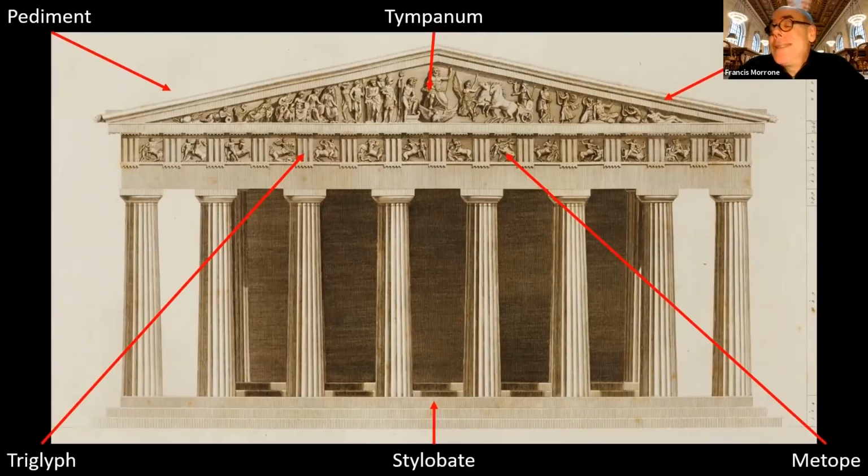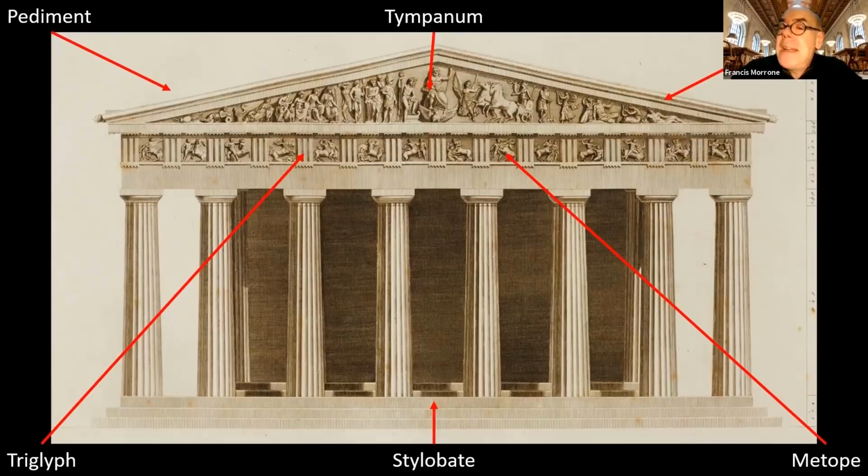3 marks is what that means. And those 3 vertical bars, which the red arrow points to, are a division in the frieze that we call a triglyph. And then in between the triglyphs is a square space. And in the lower right, you see the word metope.